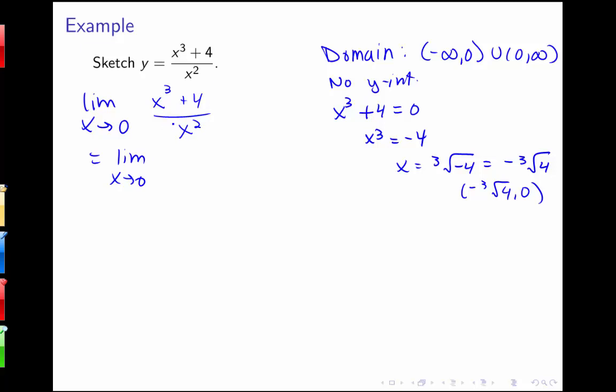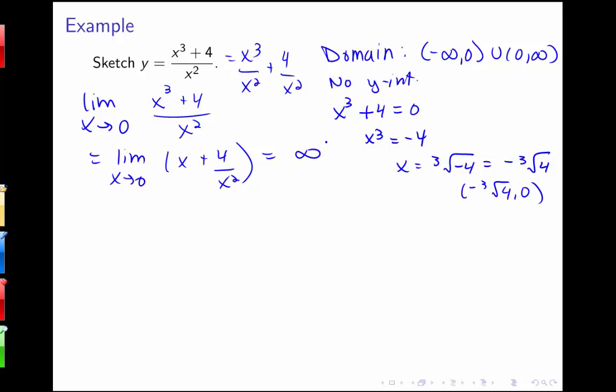I can break this up into x cubed over x squared plus 4 over x squared and see that what I have is x plus 4 over x squared. So as x goes to 0, let's see, this second term here is going to be going to positive infinity because I'm going to have 4 over a small positive number plus 0. So I'm going to get positive infinity out of this.